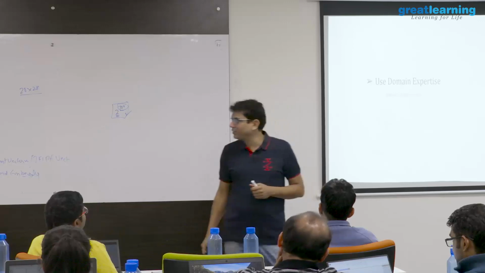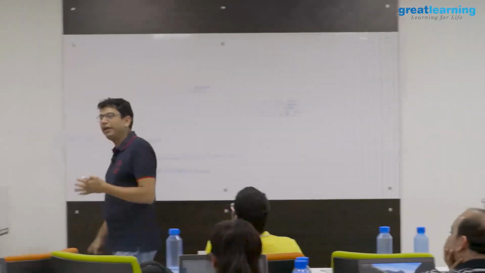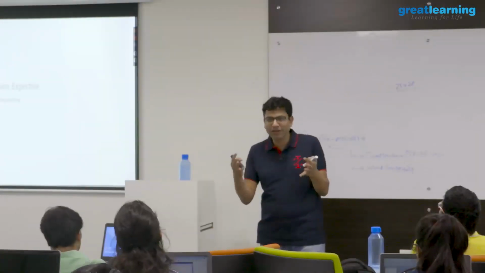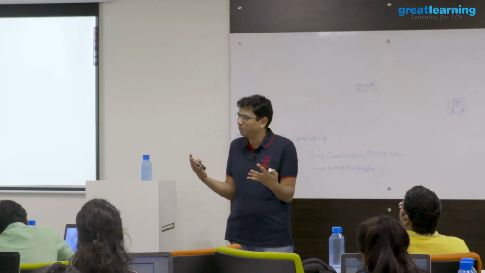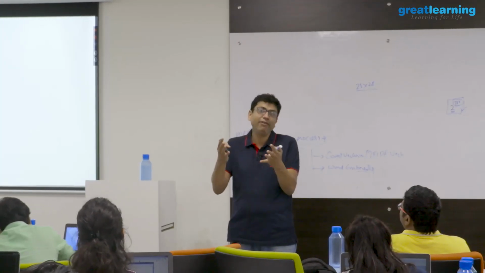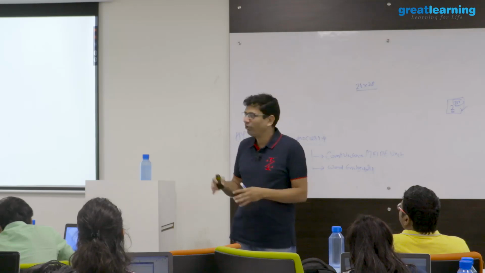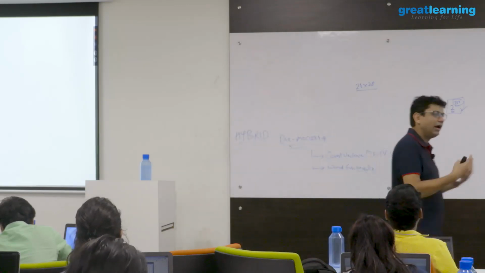One simple thing we can do, of course, is use domain expertise to build feature engineering. For example, in that temperature example, we were the domain experts. We know about those things, so we could say, why not replace it with temperature? That could be one thing. But a lot of times, we work with data which is not in our domain.